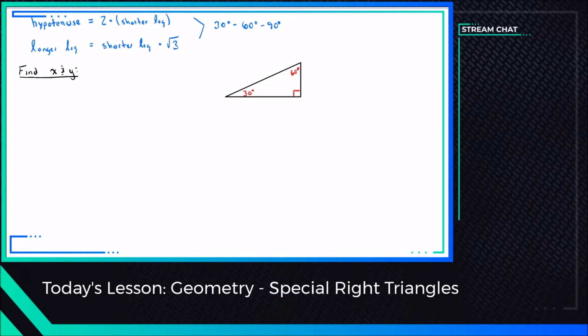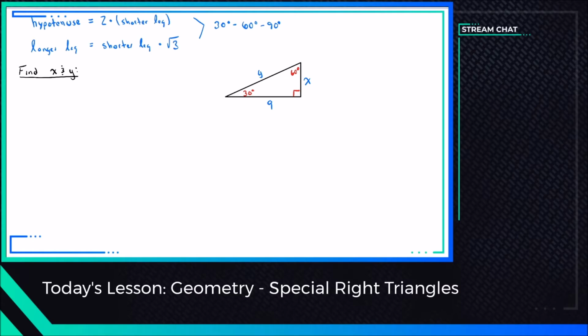All right, yep. This is the longer leg of 9, and then our short leg is going to be the x, and our hypotenuse is going to be y. And so we won't be able to find y here unless we know what x is, because we know that the hypotenuse, which is y, is 2 times the shorter leg. Well, we don't know the shorter leg because it's just an x. So let's first start by finding the value of x.